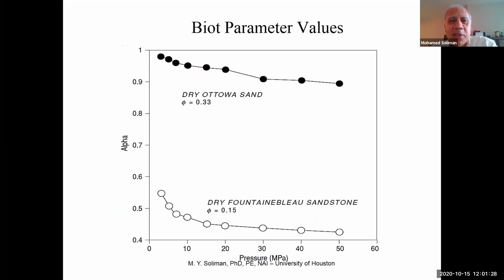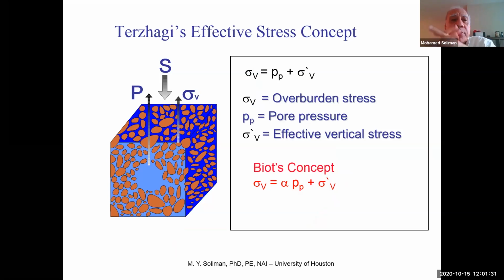So here are the stresses. Now, this area is a little dry, I have to admit, but it's important to understand. So what stress would you use? Well, the total stress is carried by both the grains, the sandy grains, and by the fluid.